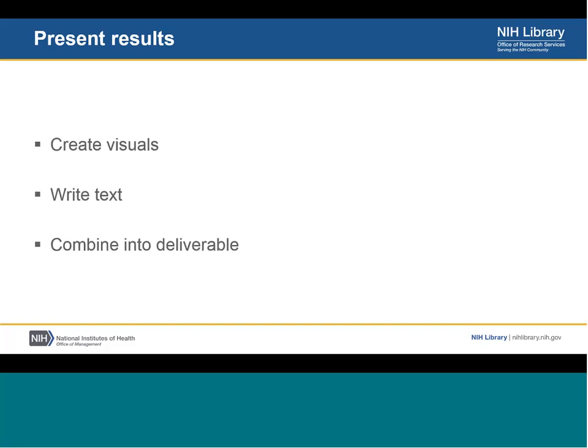And finally, we'll combine all of that text and visuals into a single deliverable that we'll then deliver to our patrons. Most of the time, our patrons are interested in either a static report or some kind of PowerPoint presentation. Most of the time, those are the major deliverables that we'll give them. And actually, most of the time, we'll have just a set template report that we'll use as a basis for combining this text and visuals into a deliverable that we'll give to our customers.